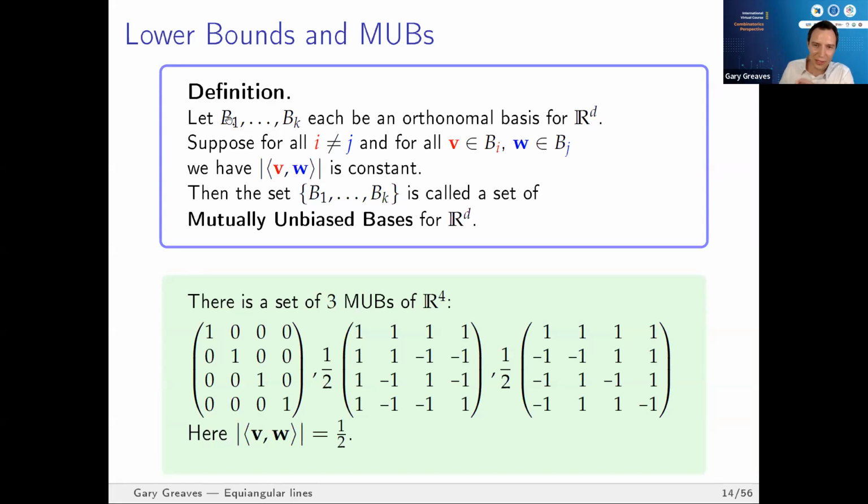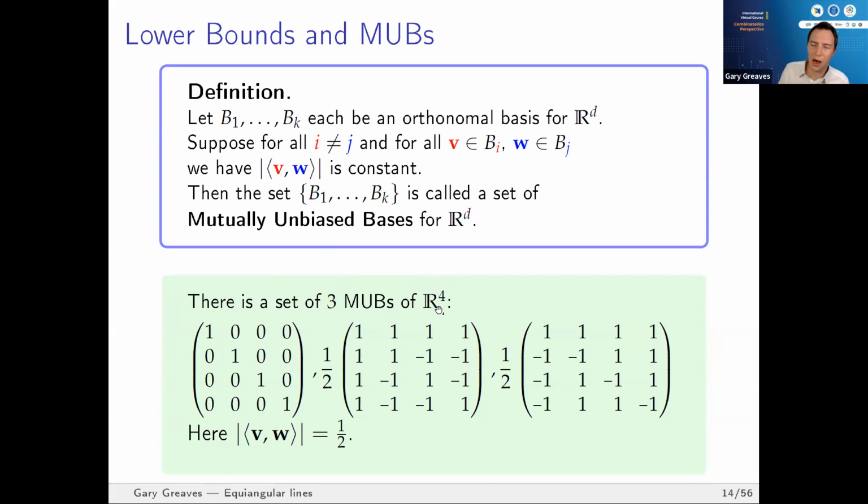Any pair is orthogonal. So now I have these two different absolute values of inner products floating around: this one, which is constant, and then also a zero inner product as a possibility. So let's have a look at an example.